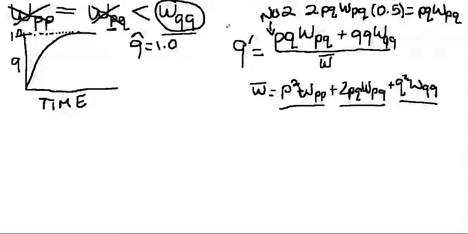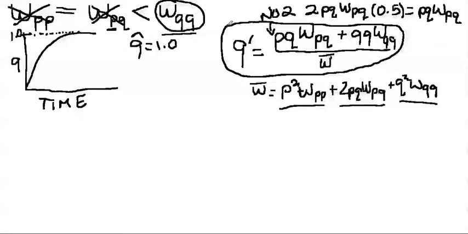All we need is this equation, and we can figure out what it's going to be in the next generation, the frequency of Q, that is.